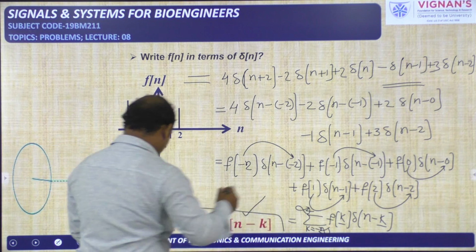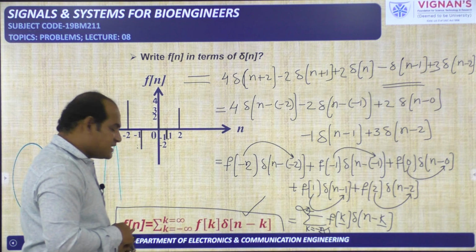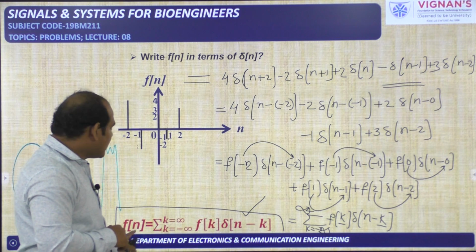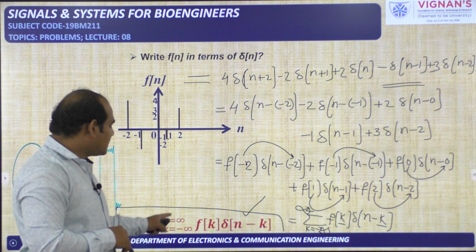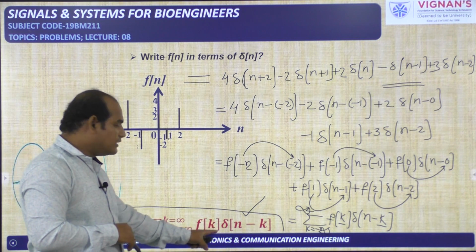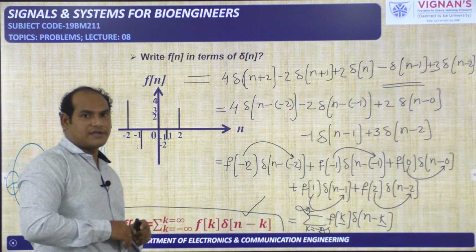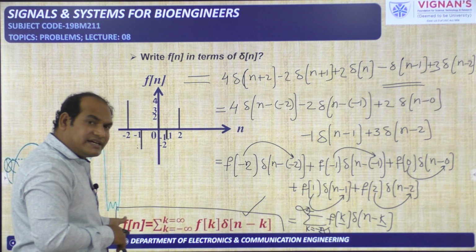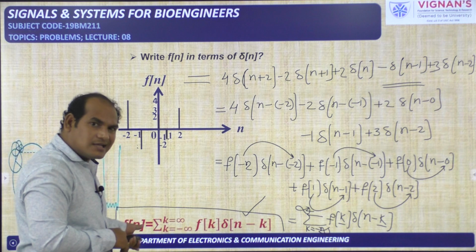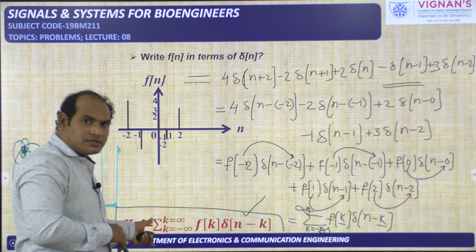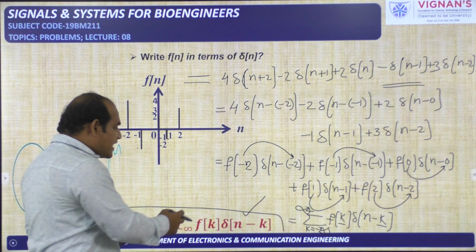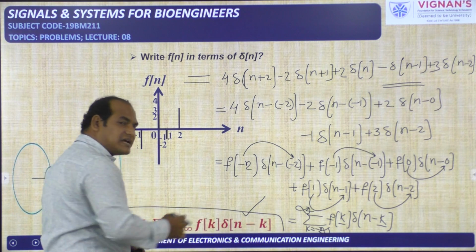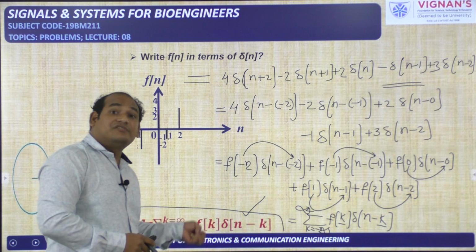So any discrete time signal can be represented like this: sigma, k changing from minus infinity to plus infinity, f of k into delta of n minus k. So any discrete time signal can be represented as a discrete summation of weighted shifted impulse signals. f of k is nothing but the weight.